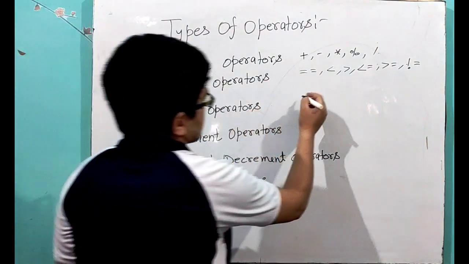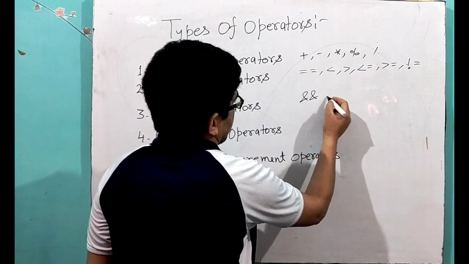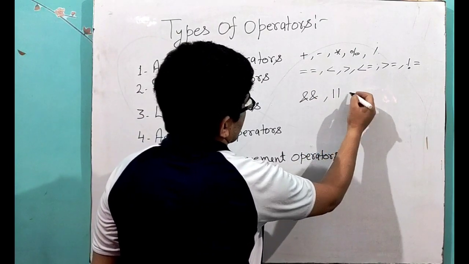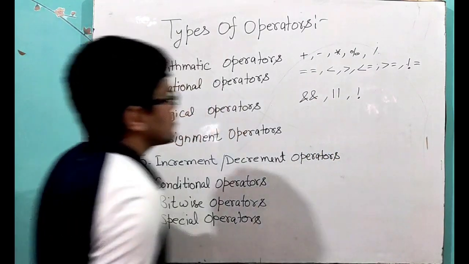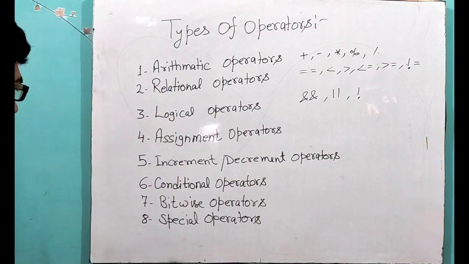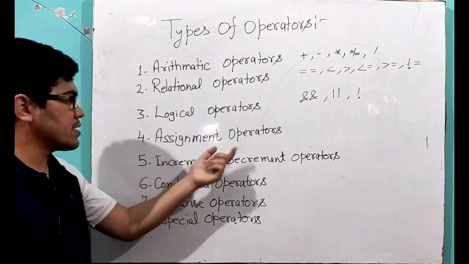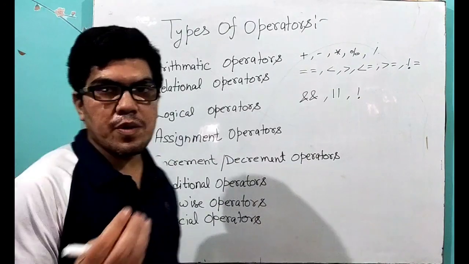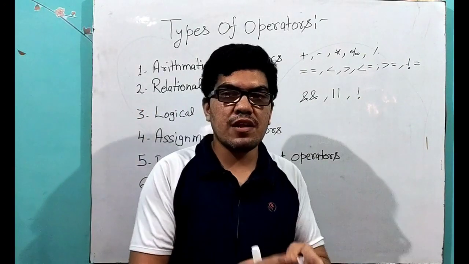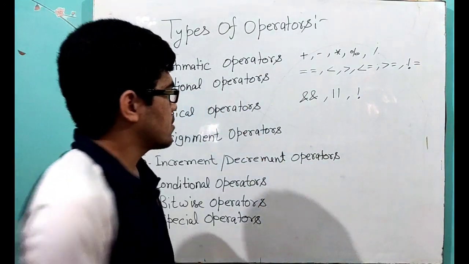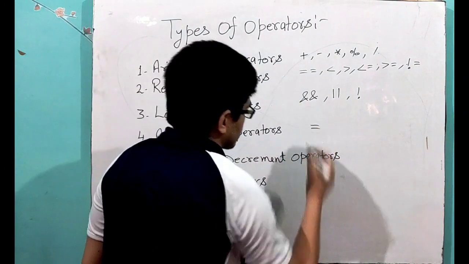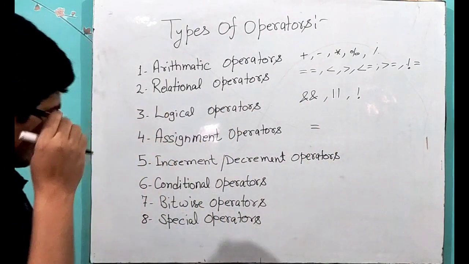The operators are logical AND, logical OR, and logical NOT. Next is assignment operators. Assignment operators are used to assign a value to a variable. So this is the assignment operator.